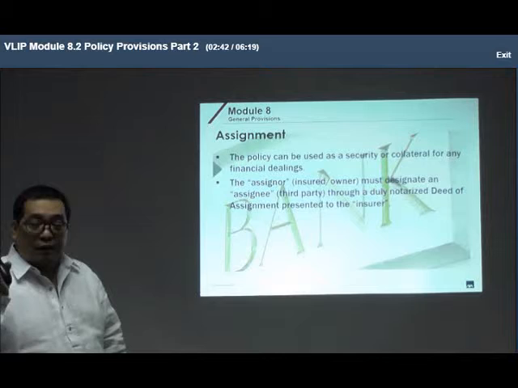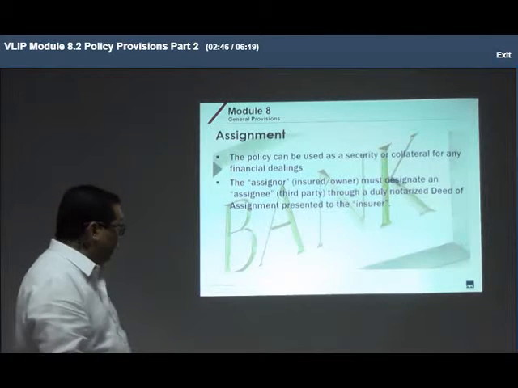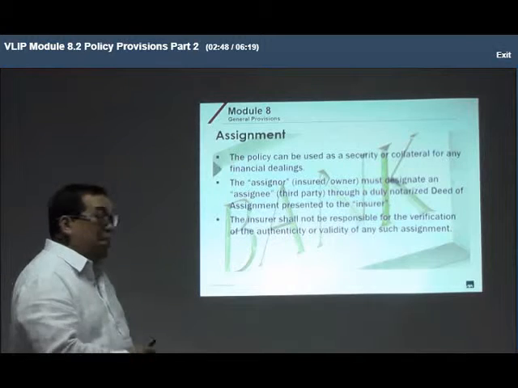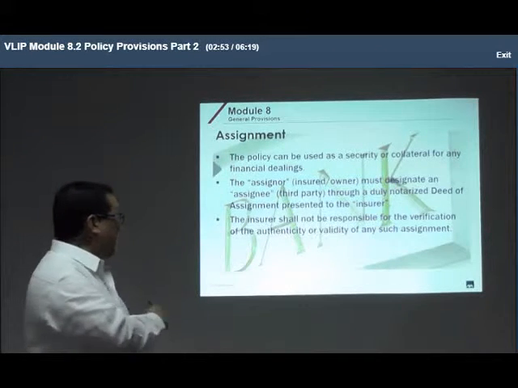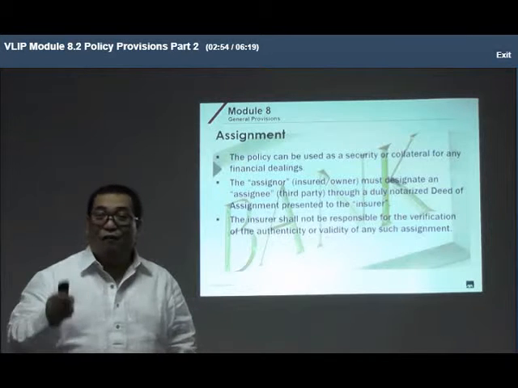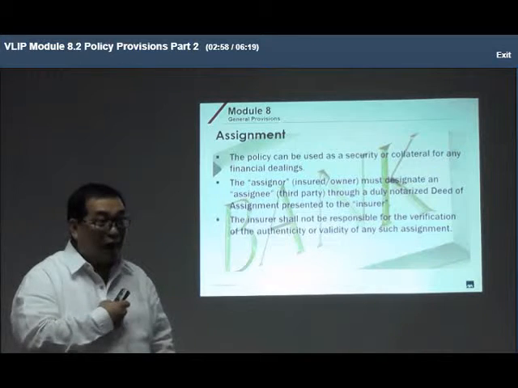And this deed of assignment must be presented to the company or the insurer. It will not be the responsibility of the company to validate the authenticity of such assignment. The onus is, of course, on the part of the owner.